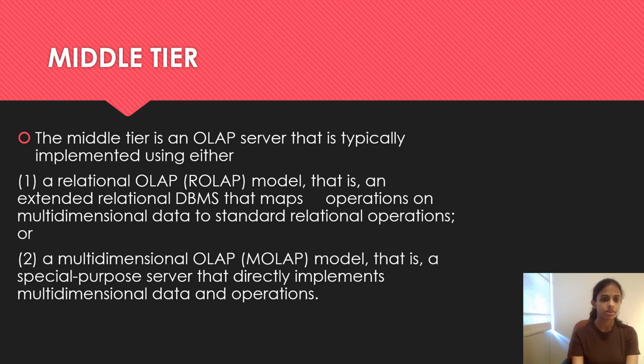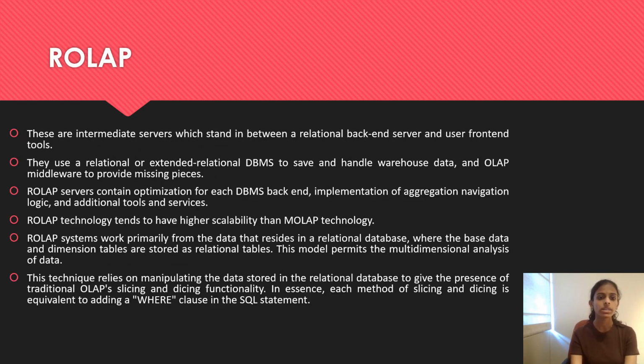Moving to middle tier. The middle tier is an OLAP server that is typically implemented using either a relational OLAP model, that is an extended relational DBMS that maps operations on multidimensional data to standard relational operations, or a multidimensional OLAP model that is a special purpose server that directly implements multidimensional data and operations. What is ROLAP?